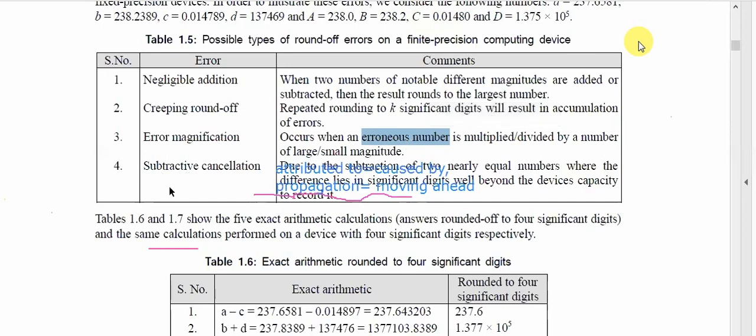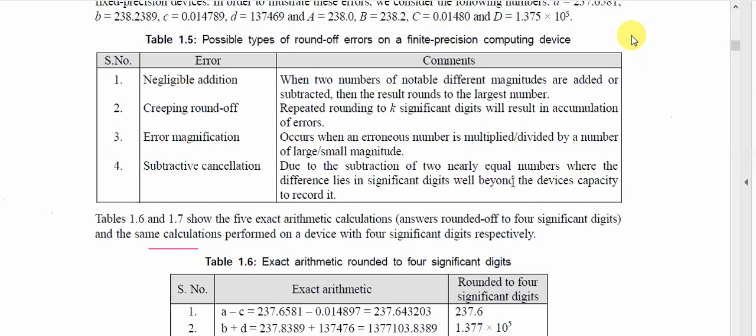Subtractive cancellation. Subtractive cancellation means this will cancel after subtraction of two nearly equal numbers, where the difference lies in significant digits well beyond the device's capacity to record.